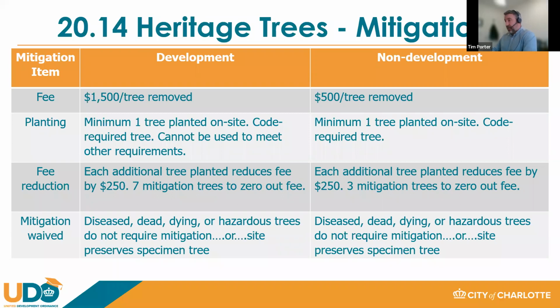So customers who are required to replant for mitigation requirements, we're talking with Tree Charlotte, trying to develop some type of partner program that would provide a very easily accessible program where customers can get high quality trees to meet the mitigation planting requirement and assistance to know what trees to plant and how to plant them. And that's something we want to have in place as soon as possible to support this new regulation.